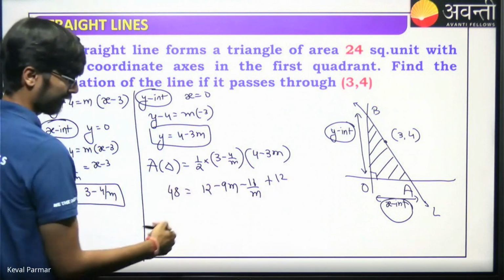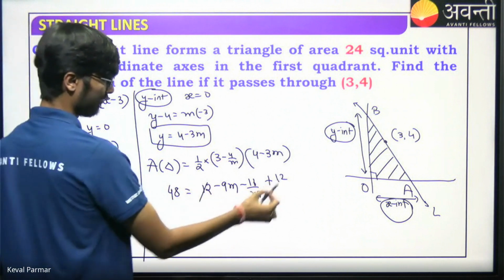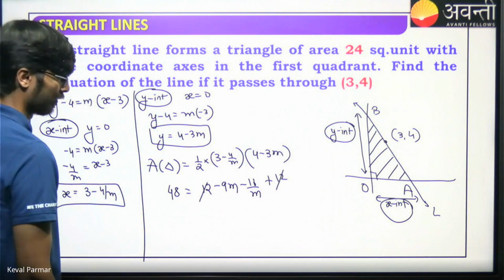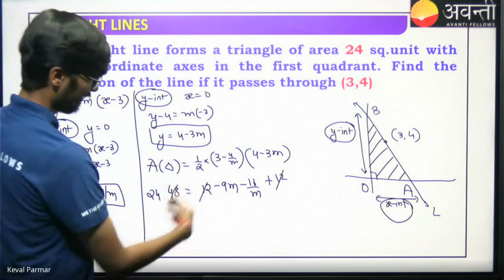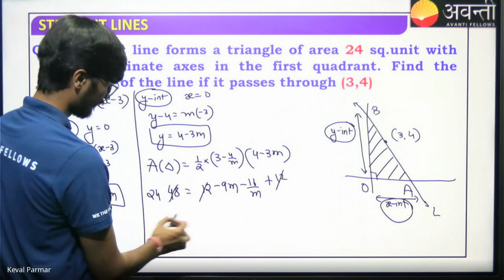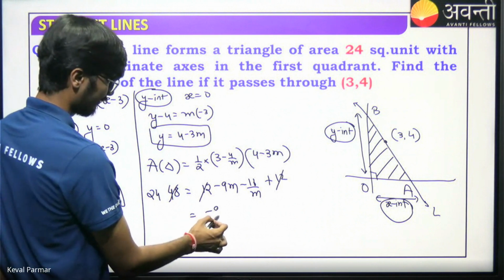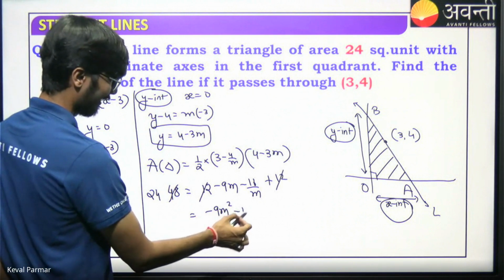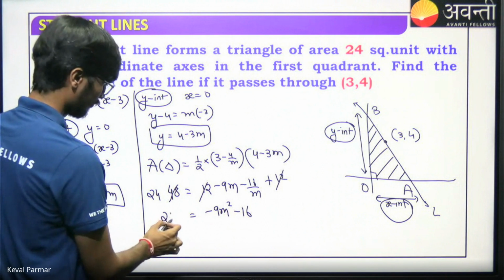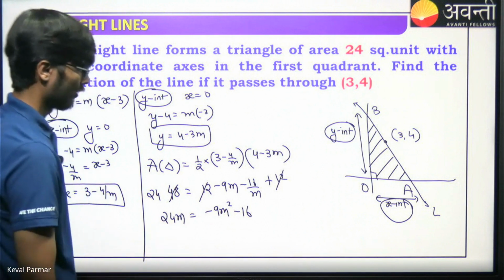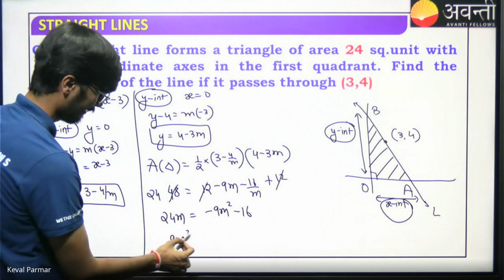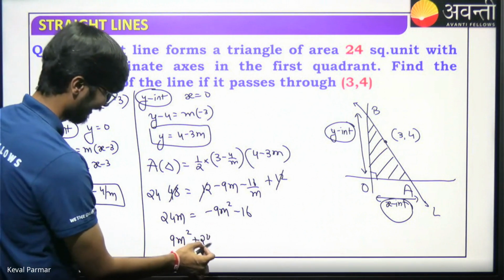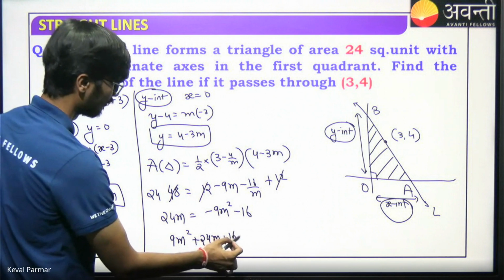So 12 plus 12 will be 24, and 24 minus 48, so it will be 24 here. Let us take LCM here. So I'll get minus 9m square minus 16 upon m, equals 24m. If I bring everything on the left hand side, I'll get 9m square plus 24m plus 16 equals 0.